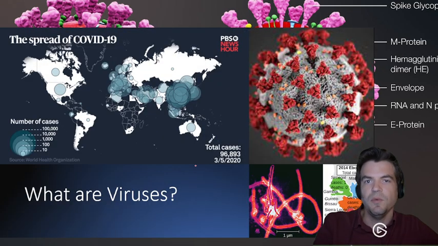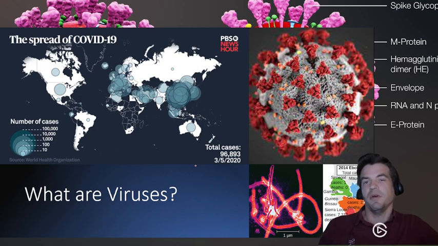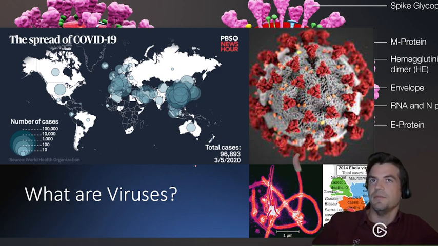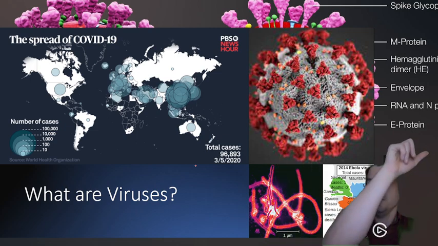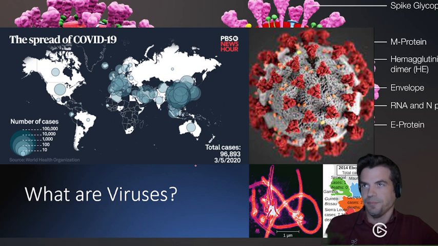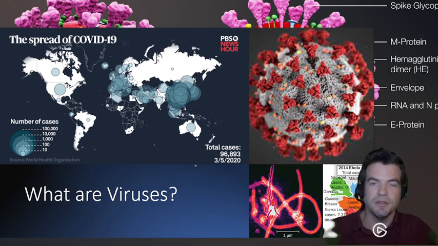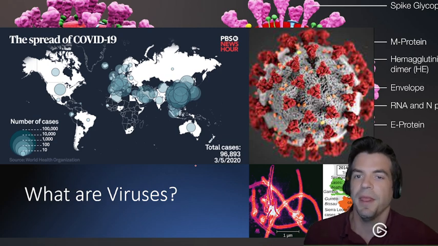To begin, we'll talk about what we think viruses are. Take a moment in this video to think about the viruses that have affected us recently, namely COVID-19, that we can see over here and in my background behind here. Just how bad diseases and viruses can get.